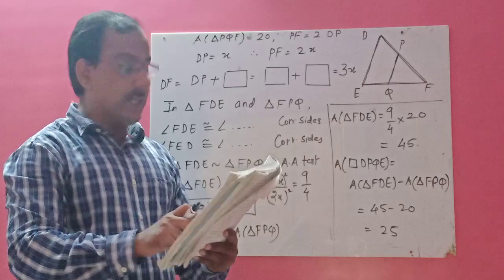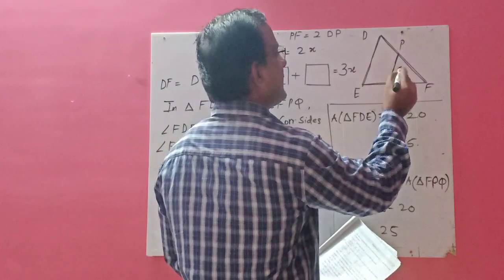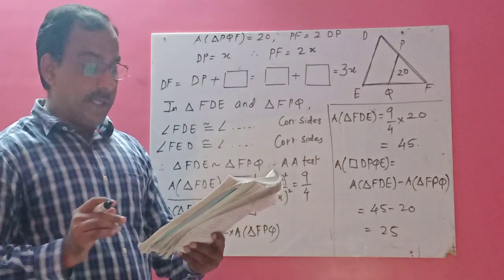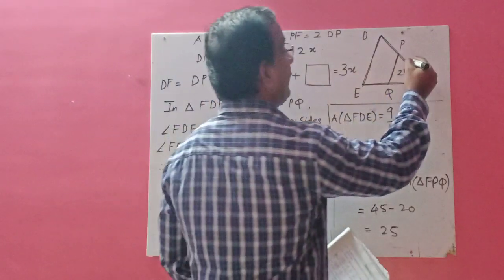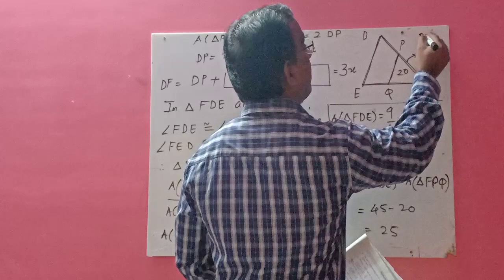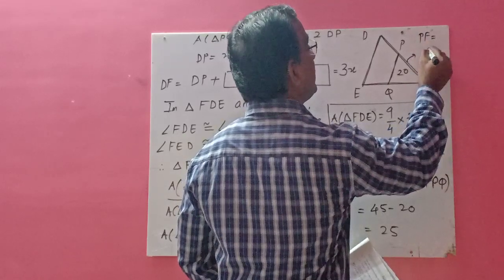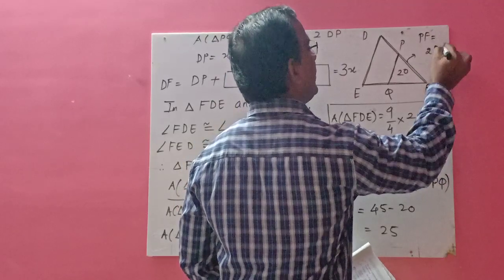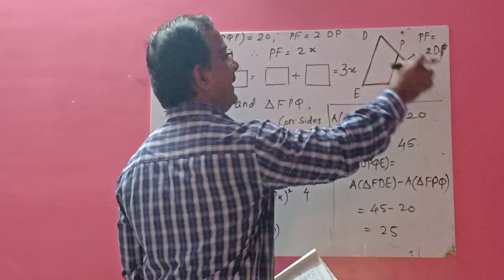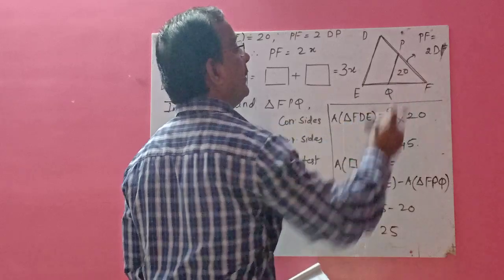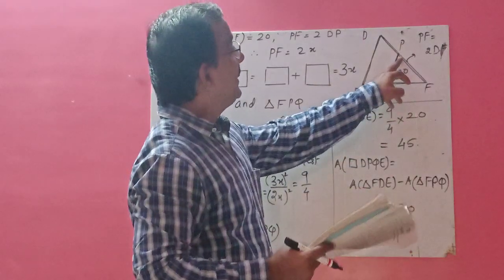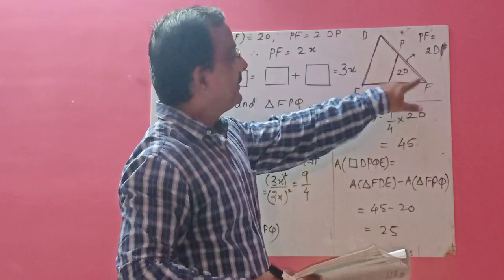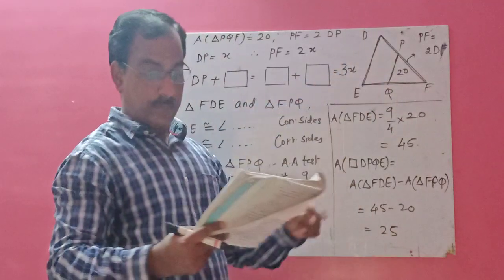Area of triangle PQF, this smaller triangle, the area of this triangle is given as 20, and PF is 2 times DF. This is double of this DF. PF is 2 times DP, sorry. This length is 2 times this one.